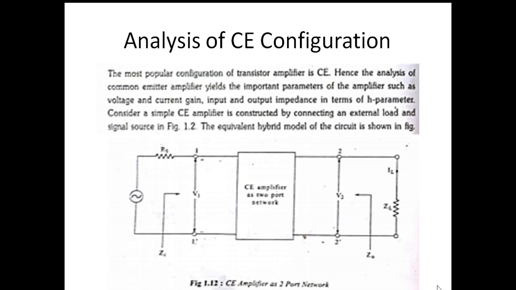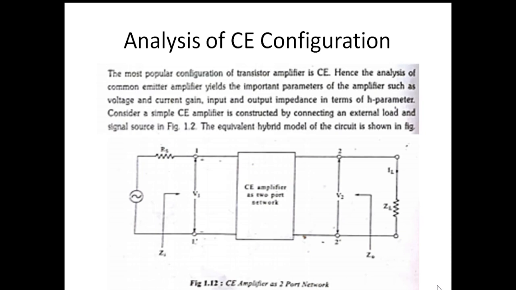Among these three, we concluded that common emitter configuration has advantages over common base and common collector. Therefore, let us analyze the common emitter configuration characteristic statistics, or the statistical values of common emitter configuration.